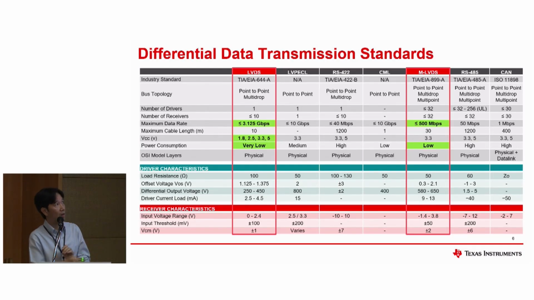We call that multi-drop. Multi-point means there is more than one transmitter and more than two receivers in the system. That is the difference between multi-drop and multi-point.